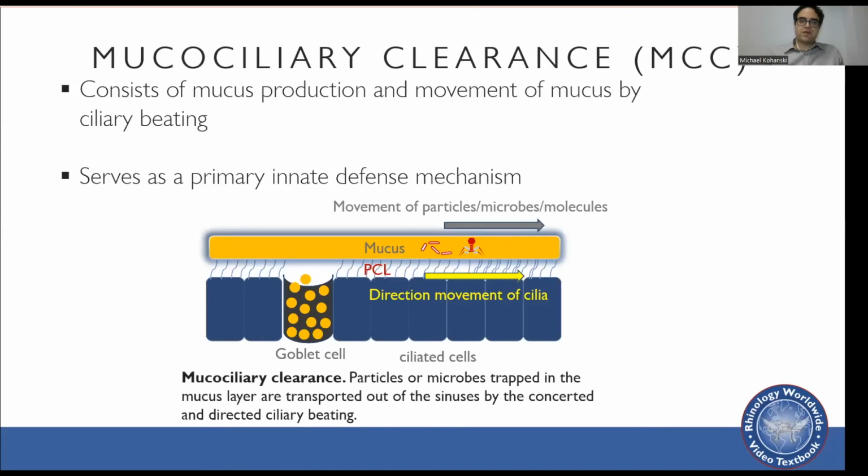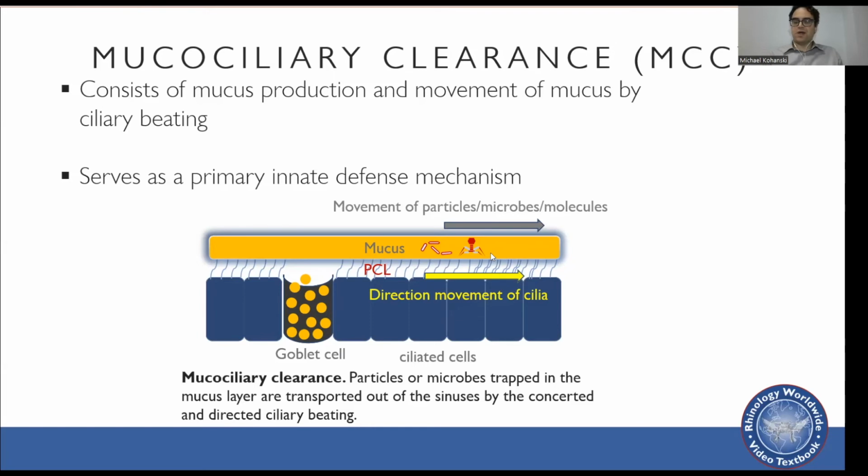So mucociliary clearance consists of mucus production and movement of mucus by ciliary beating. And as you can see here in this picture, you have the directional movement of the cilia, which is going to promote the directional movement of the ASL components, or the PCL and the mucus.